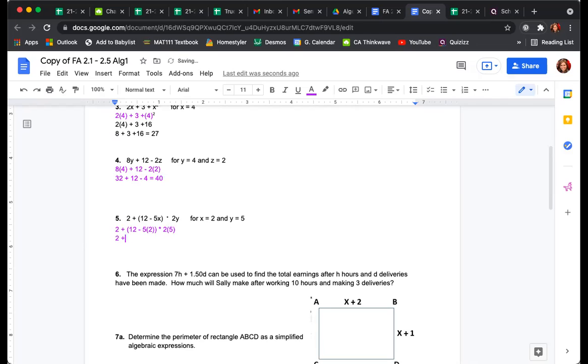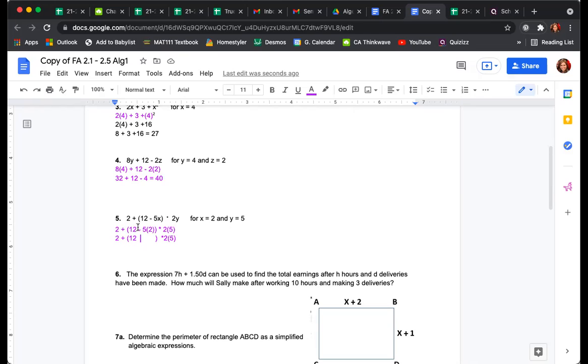So I'm going to keep everything else the same up until that point. So I copied everything else except this most narrow inside grouping piece, because order of operations tells me take care of what's in the grouping first.